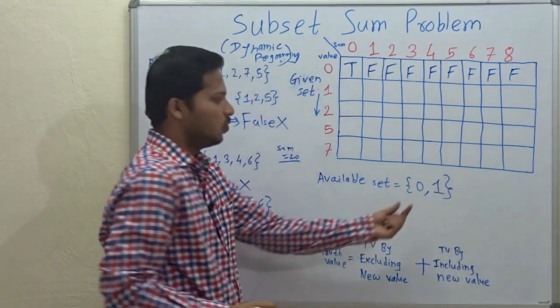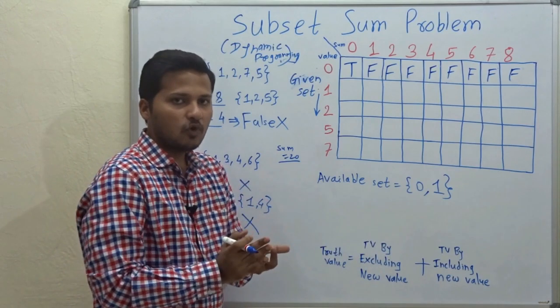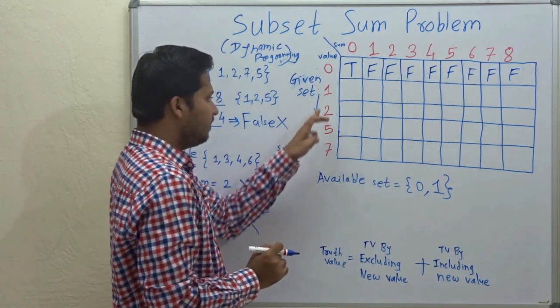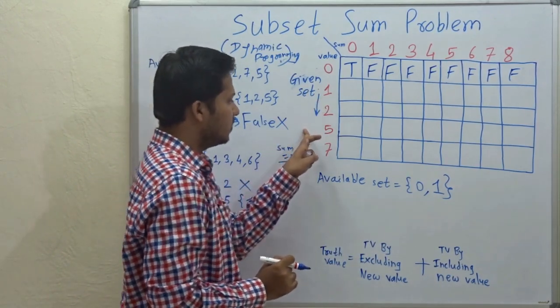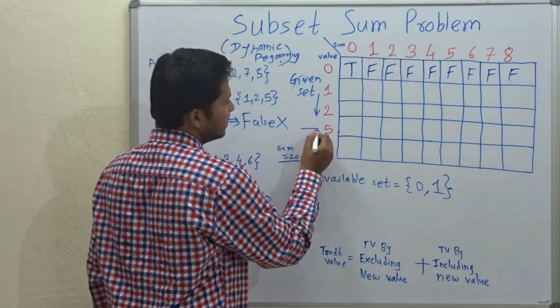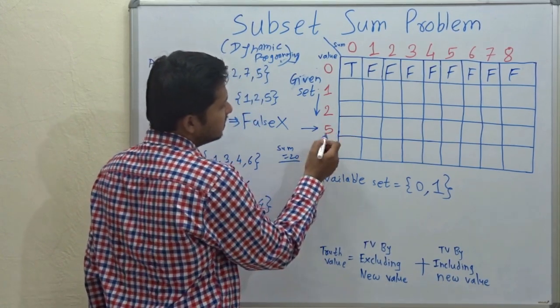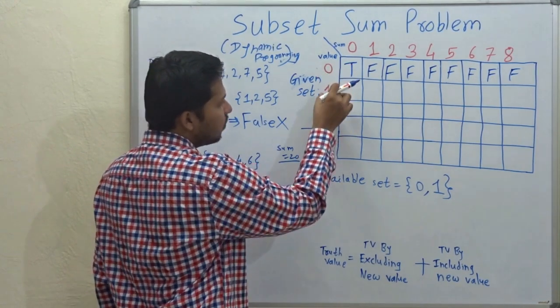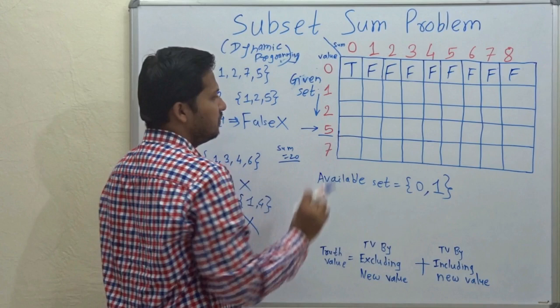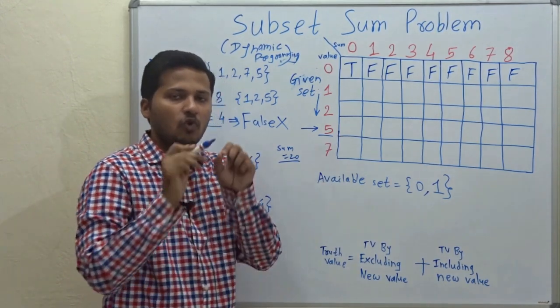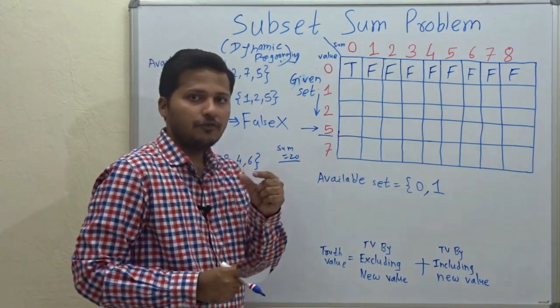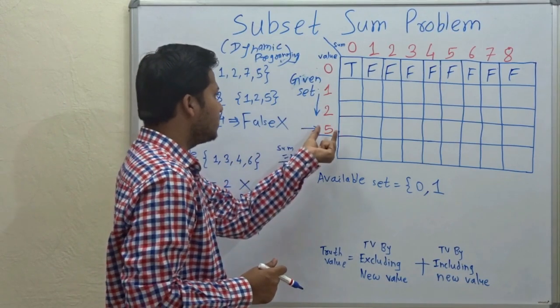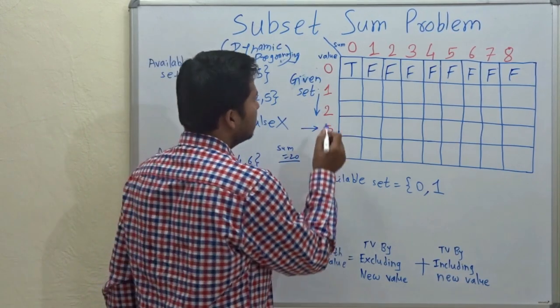0 and 1. Here I want to clear one point. If you are at the fourth row, that is this row, that means in your available set you have 0, 1, 2 and 5. Means whatever row you are going, values up to that row are added to the set.